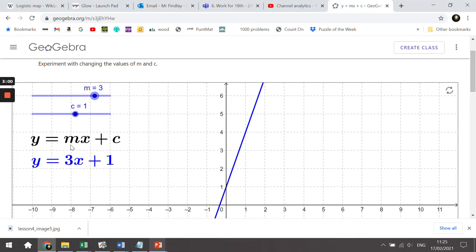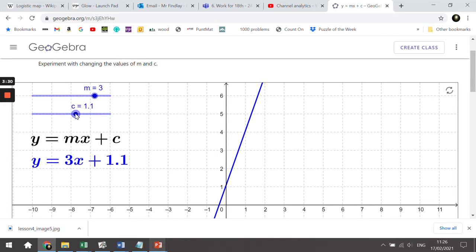If I take x to be 2, I do 3 times 2 is 6, add 1 is 7, I get 2 along, 7 up. So what the equation is trying to do is tell us, if I go along by a certain distance x, how far up should I go? And we can see that if we make this number at the front bigger and bigger, that's increasing how much we're timesing by, and so our line gets steeper.